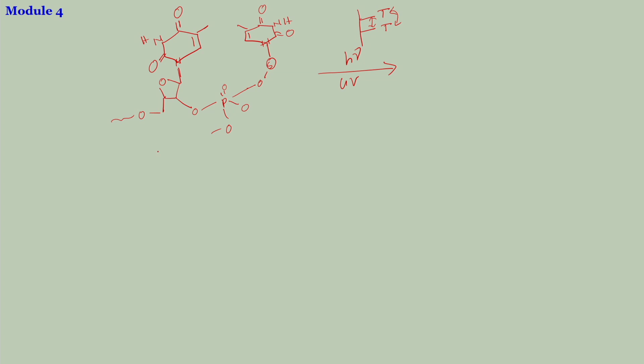So, in short, you can write T, P for phosphate, T. If you remember your basic photochemistry, if you have one alkene plus another alkene, and you shine light on it, if you expose it to radiation, then it will undergo a 2 pi plus 2 pi cycloaddition reaction.